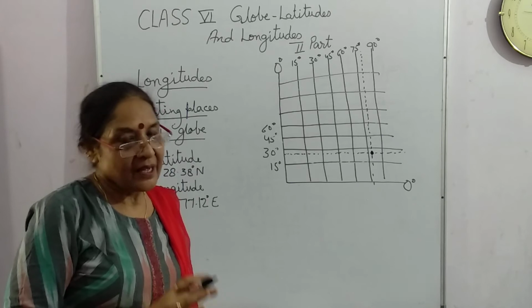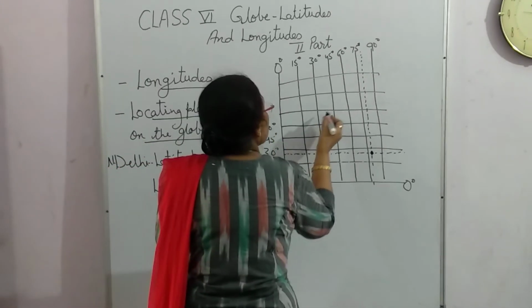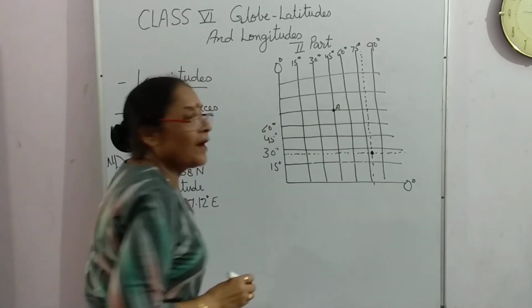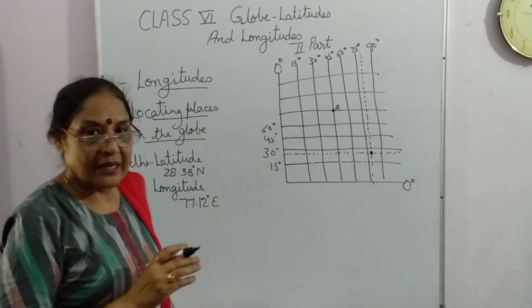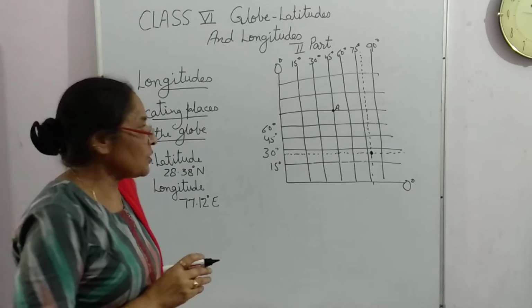It's very easy. Now I'll give one more example. Suppose this is a place A. You have to locate this place. Can you tell me the latitude and longitude of this place?